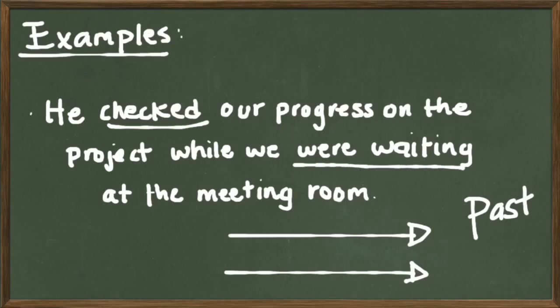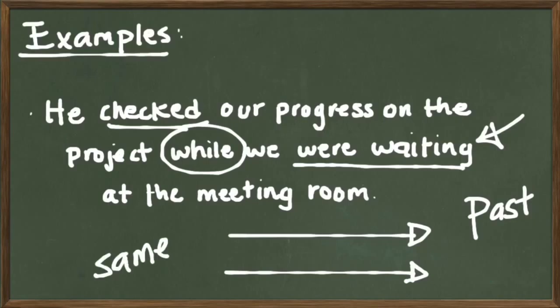We have one action that happened perhaps quickly, and one action that took some time. We were waiting. So we can connect them with while, indicating that two actions both happened at some point. They happened at the same time, or they were happening at the same time.